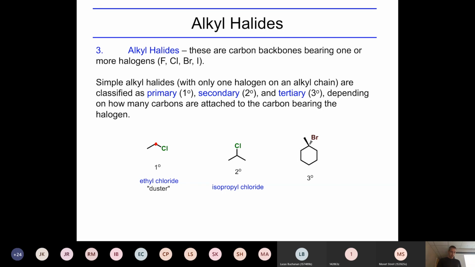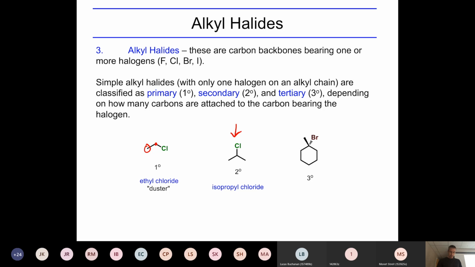So in this one, ethyl chloride, it's bonded to one other atom, which is the one I just circled. And so we would say that this one is primary, 1, because it's bonded to one other carbon.